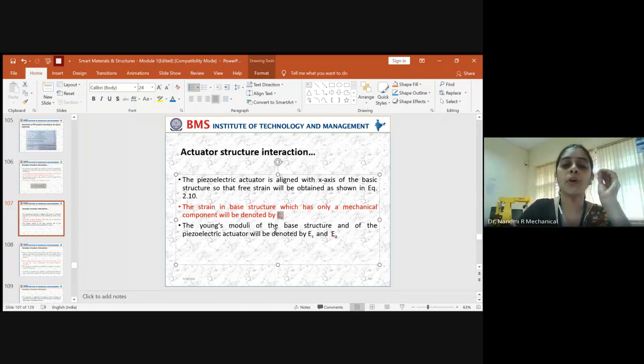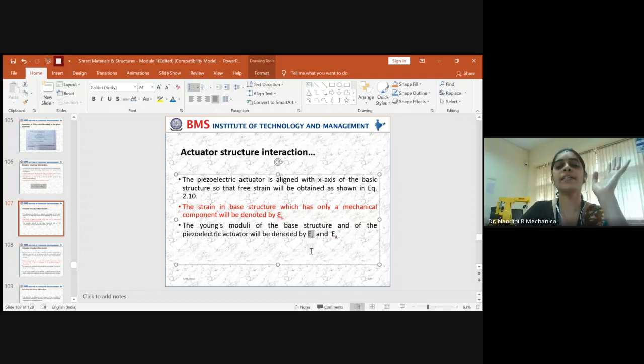So the Young's modulus of the base structure and of the piezoelectric actuator from here onwards will be represented by E suffix S and E suffix A. If you see E suffix A in future, you should be able to tell that this is the Young's modulus of the piezoelectric actuator. If it is E suffix S, then you have to understand this as the Young's modulus of the structure on which you are placing the actuator.